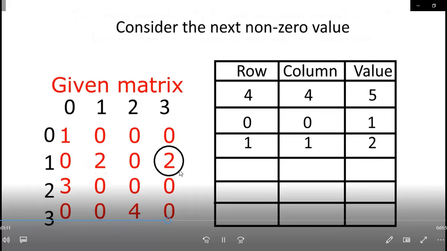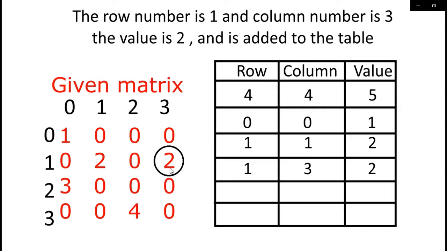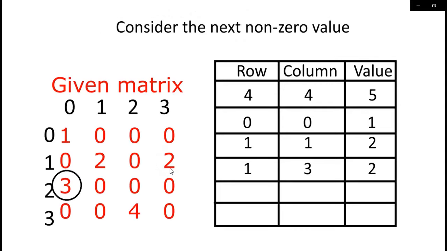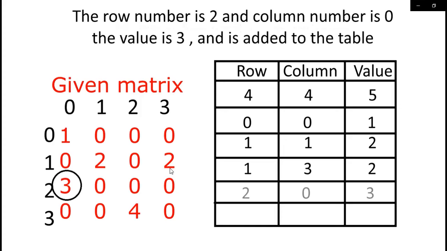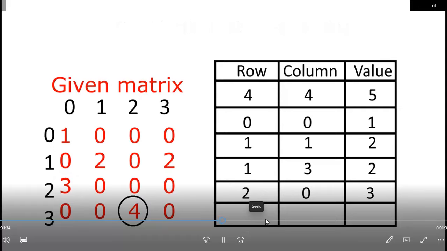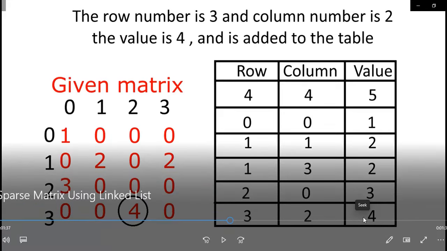The next element is this particular 2, whose index is 1 and 3, and the value is 2. Similarly, 3 is the next element, at row number 2 and column number 0, and the value is 3, so I make that entry in the triplet table. And finally 4, which is at location 3 2 and the value is 4. So this is my triplet table.